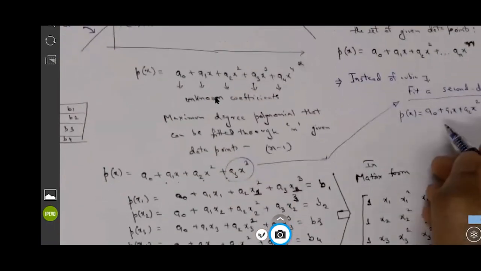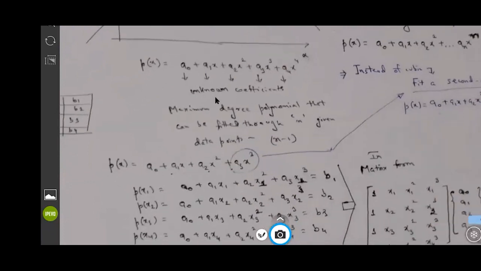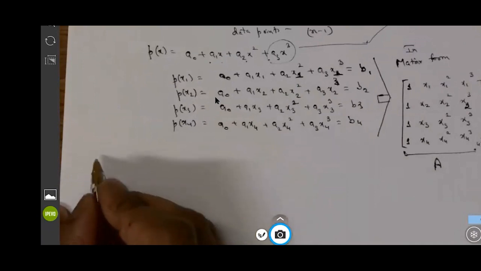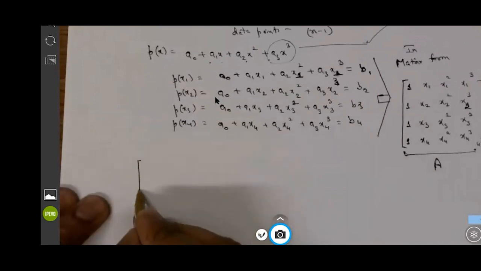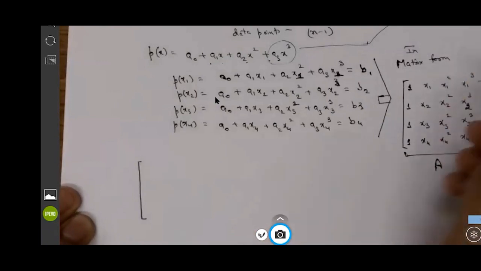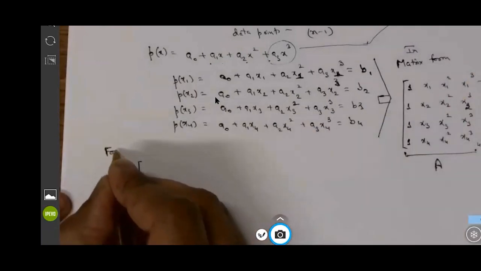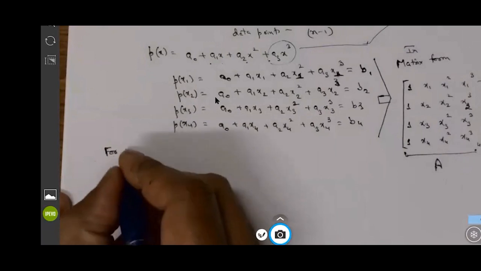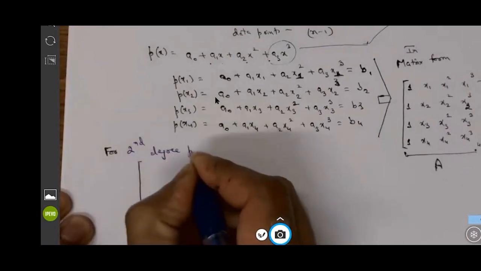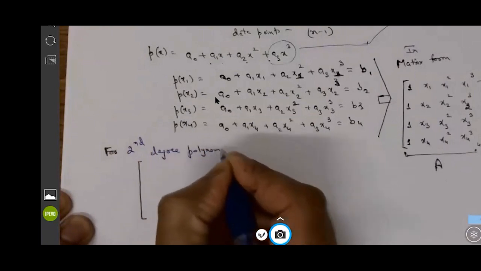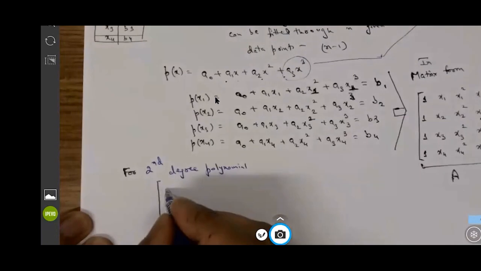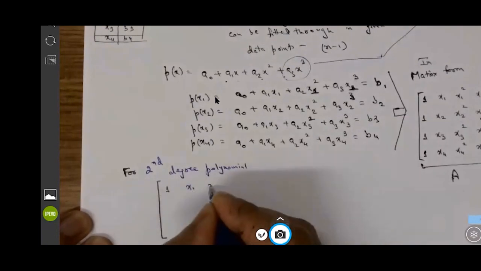So if you use this specific polynomial, let me ask somebody from the class, what is the matrix formulation you will get? So this is for the second degree polynomial. I still have 4 equations because I have got 4 data points. So I will have 1, x1, x1 square.